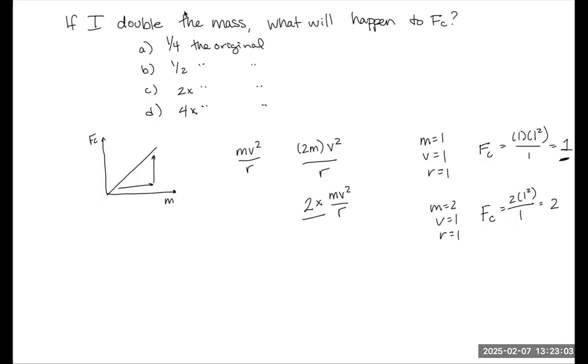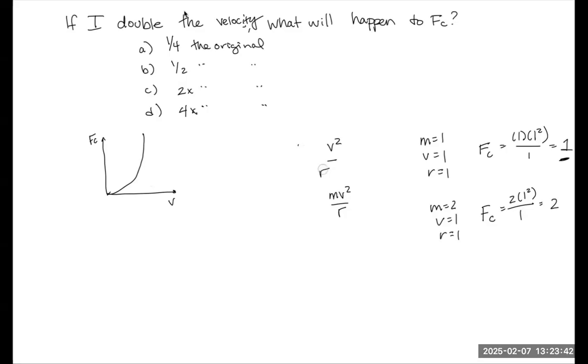What if I double not the mass, but the velocity? Go ahead and pause and think this one through. So what will happen here is a little different because my velocity doesn't look linear, it looks quadratic. And so whatever happens to my velocity, something bigger or more happens to my force.